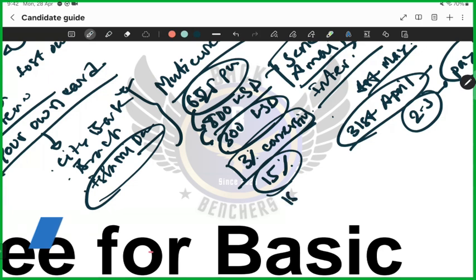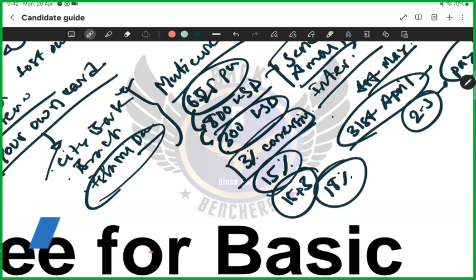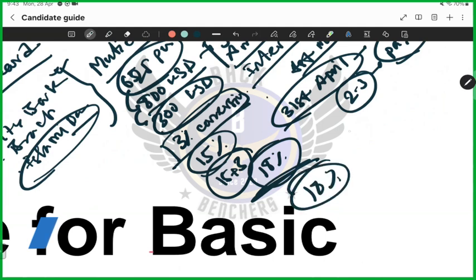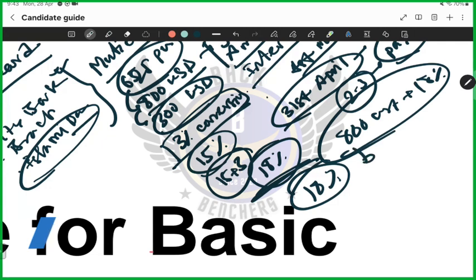So 15 plus 3, that is 18% sometimes they charge. And Citibank too, sometimes they charge 18%. Like 800 USD plus 18%. This will be your total charge for booking the exam.